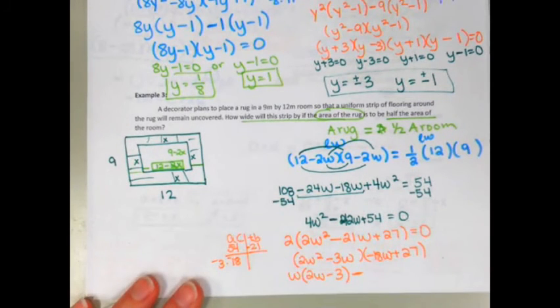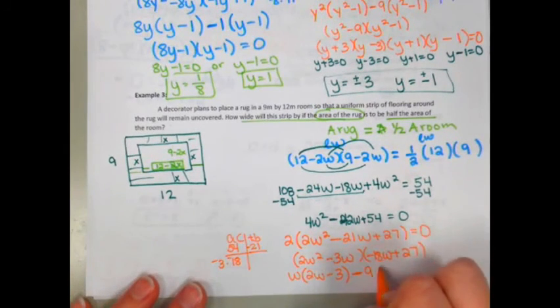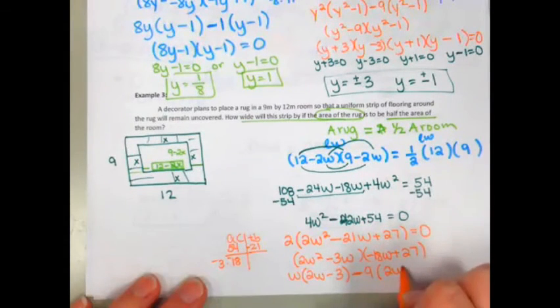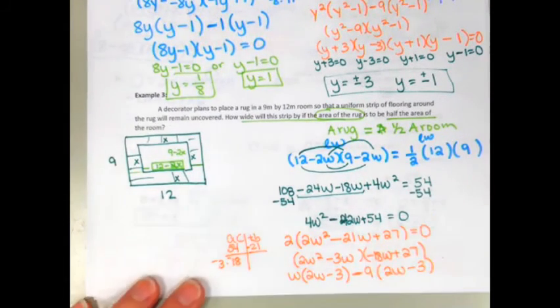And what about 18w in 27? Say 9. And I'm left with what? 2w minus 3. So we know my factor form is 2 in front, w minus 9, and 2w minus 3.